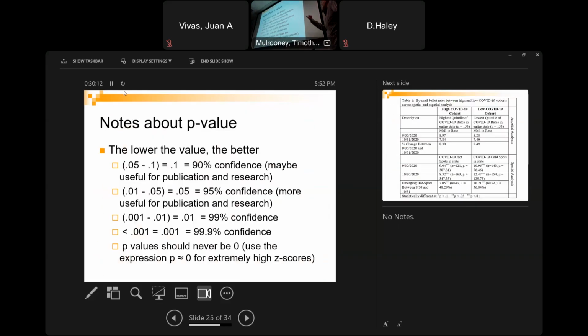About p-values: the lower, the better, for proving statistical difference. In some cases, you want to say they're the same. Like, people say that gun deaths are higher in urban areas, and I'm going to prove that they're equal in urban versus rural areas. Whether you're proving or disproving the null hypothesis, it's okay.